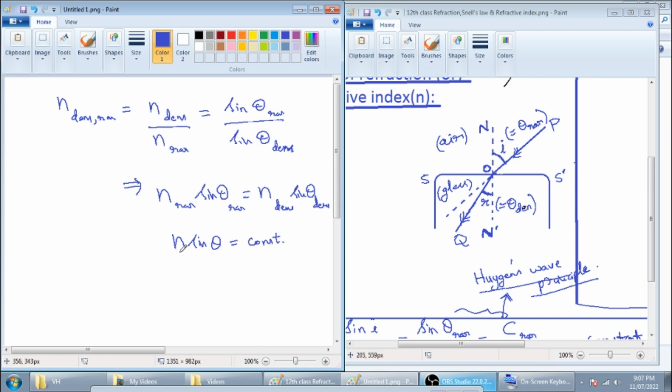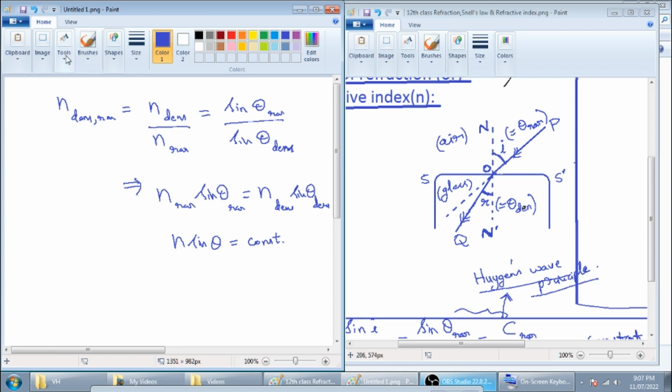The product of the absolute refractive index and the sine of the angle made by the light ray with the normal is not changing. This is practically very useful, because here which is the angle of incidence and which is the angle of refraction is never considered. Just simply the angle in the first medium and the angle in the second medium: n1 sin theta 1 equals n2 sin theta 2.